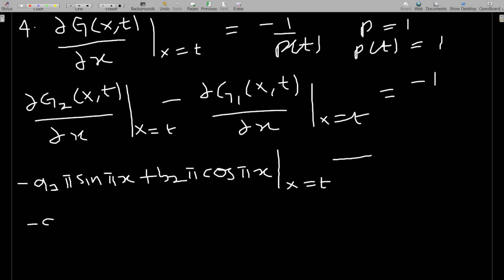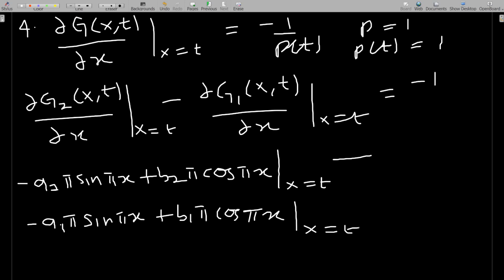So I have minus a1 pi sine pi x plus b1 pi cos pi x, okay. All of these evaluated at x equals t, and it should be equal to negative 1.